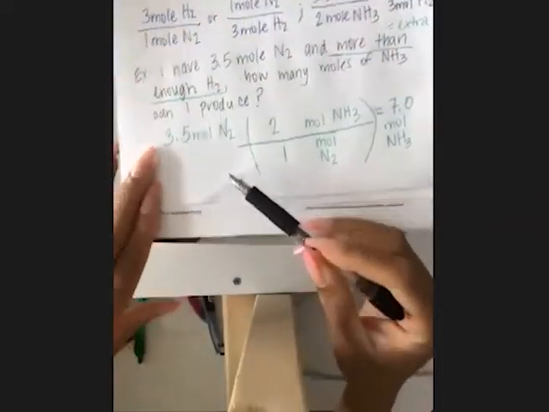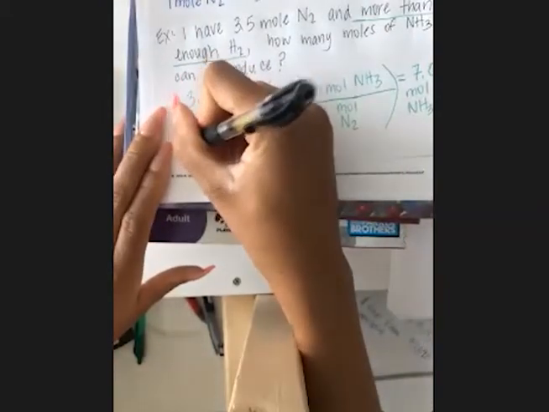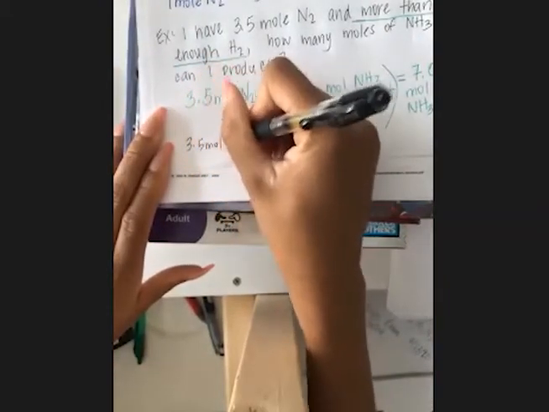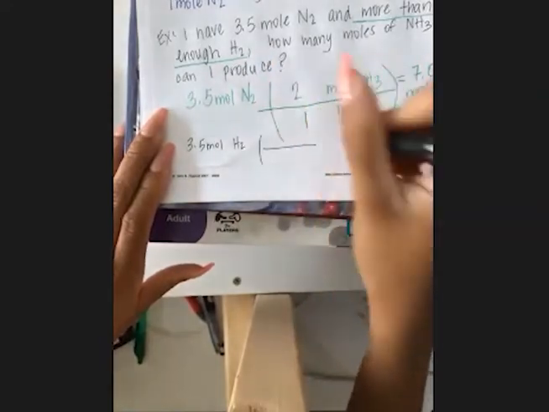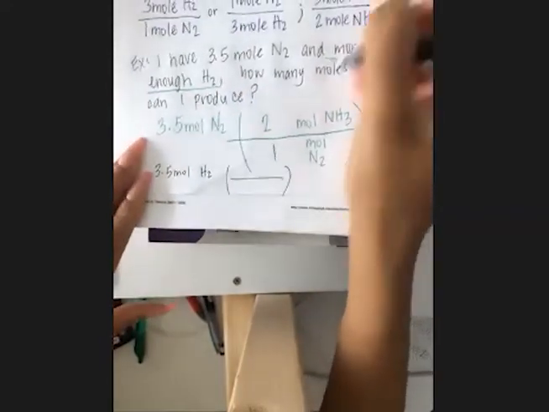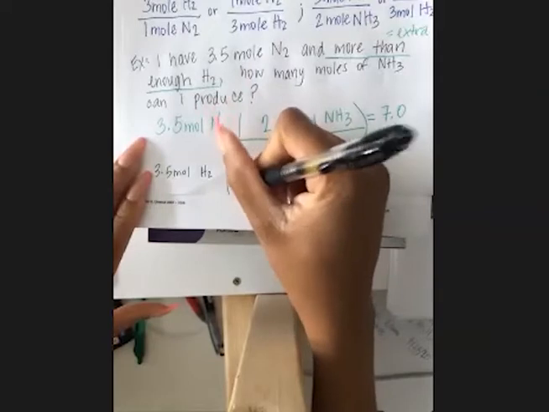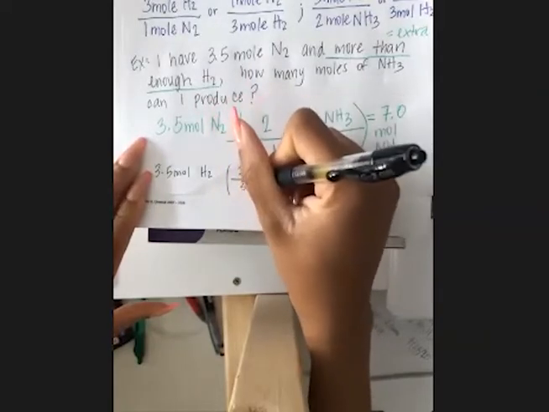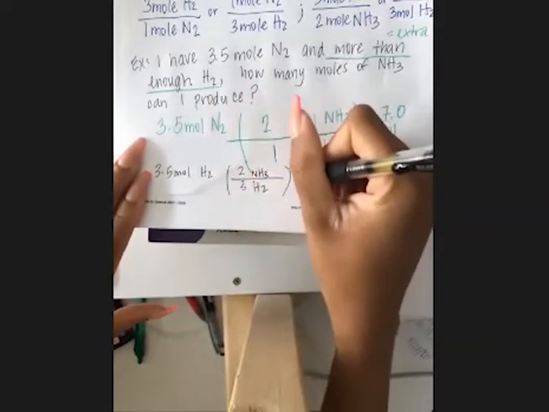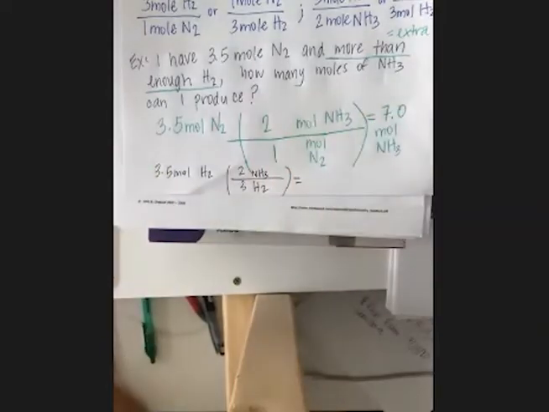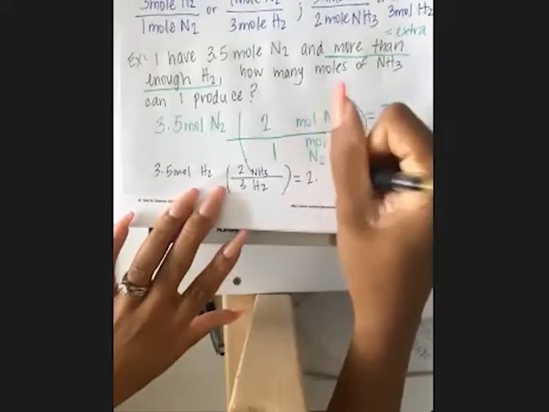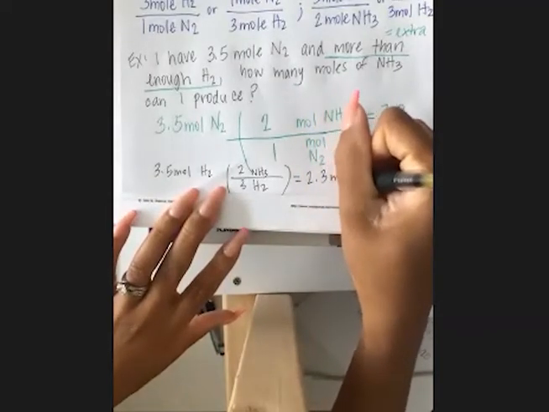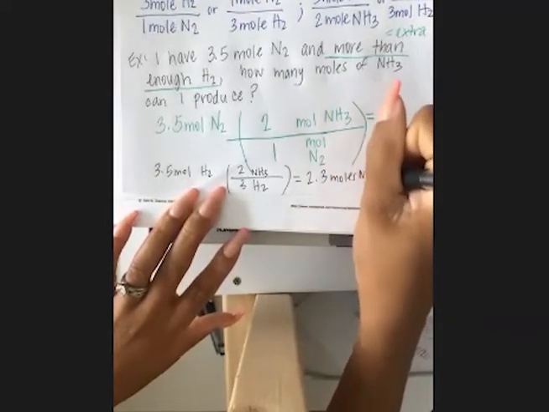I'd have to do a calculation saying, I have 3.5 moles of hydrogen. How much ammonia can I make? The ratio is now 2 to 3, 2 ammonias for 3 hydrogens. So if I put that in my calculator, I know I'm going over it fast, guys. I just want it to be clear for tomorrow. I'm summarizing it. I would only have 2.3 moles of ammonia.